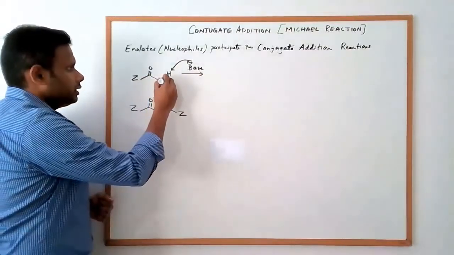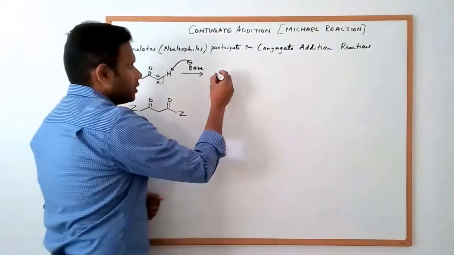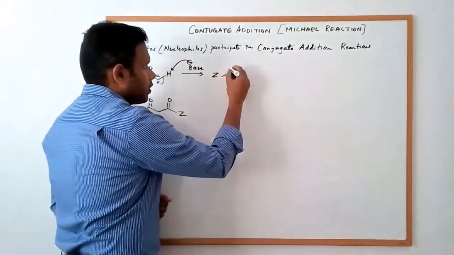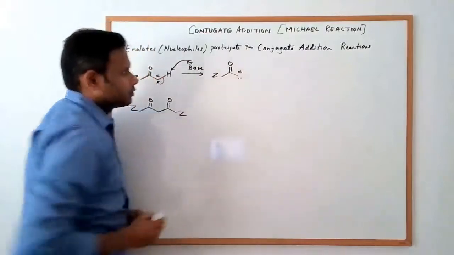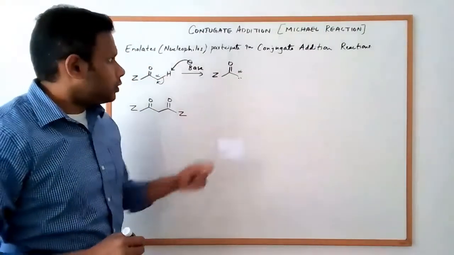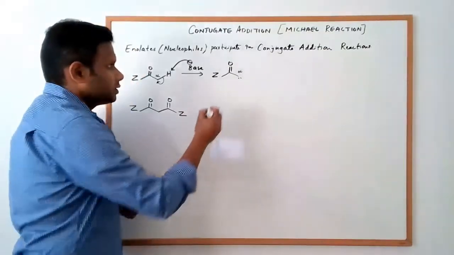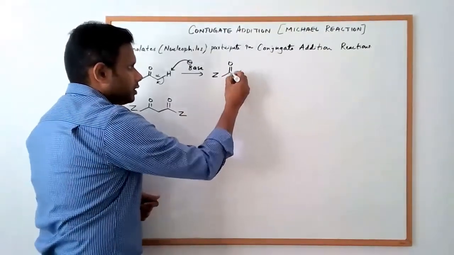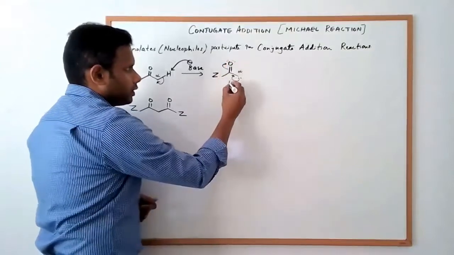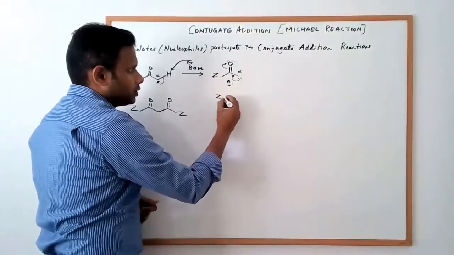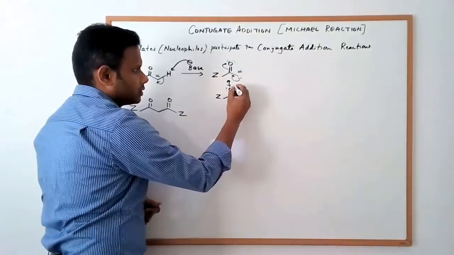Okay, you can get the enolate where you have the lone pair on the alpha carbon, which is nucleophilic. Now, these enolates are stabilized by resonance, because recollect that they can do resonance. And so we can draw an additional resonance form for these enolates.